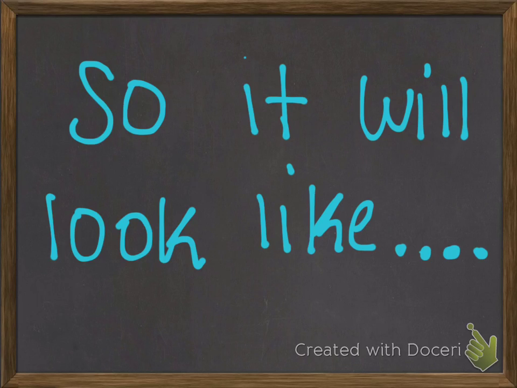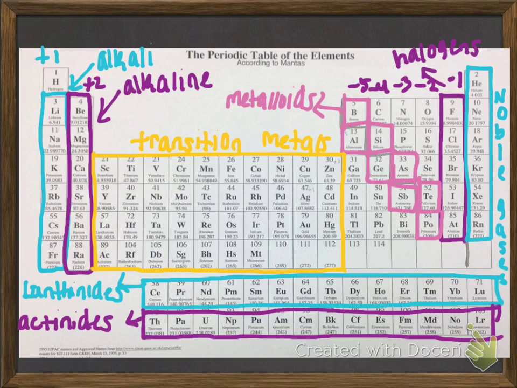So putting these all together on a periodic table, it will end up looking like this. On the left we have the +1 and +2 charged columns, the +1 being the alkali metals and the +2 being the alkaline metals. In the middle, the transition metals. Then moving to the right, we have the metalloids that hug the staircase and have the properties of both metals and nonmetals.